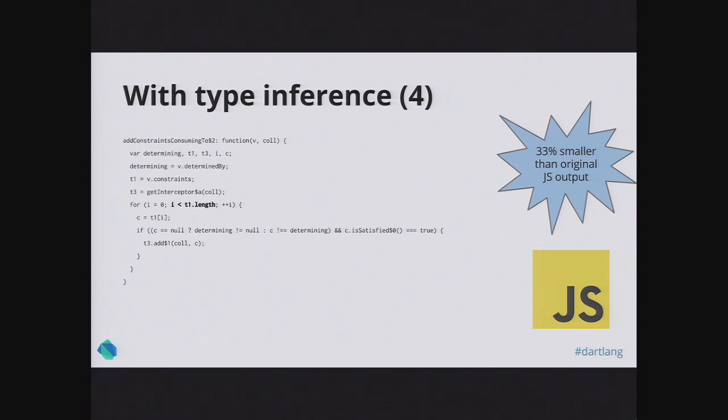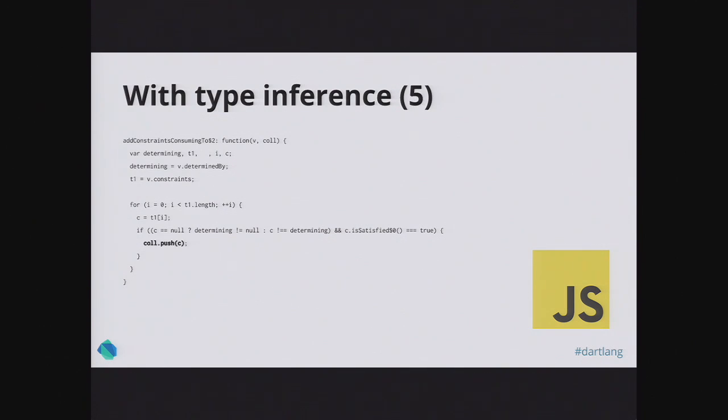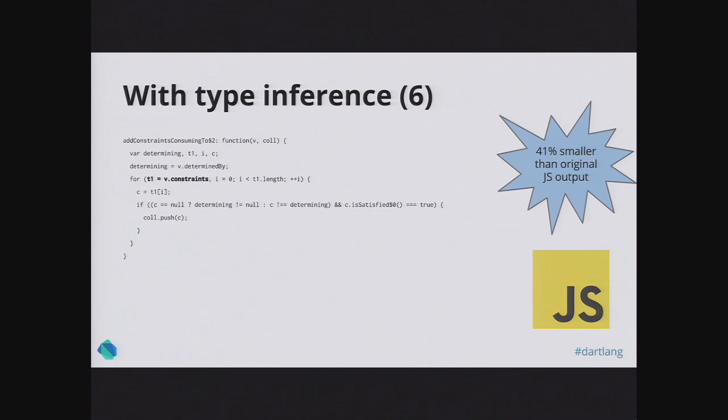We have more to go, but it's pretty simple stuff. Call is an array, so calling add on it in a weird way is not really necessary. We can just use the JavaScript push method. It looks good. Even further, the T1 is initialized in a simple way, so that can just move into the for loop. And we're down to 41% smaller than the original JS output. It's starting to get there.